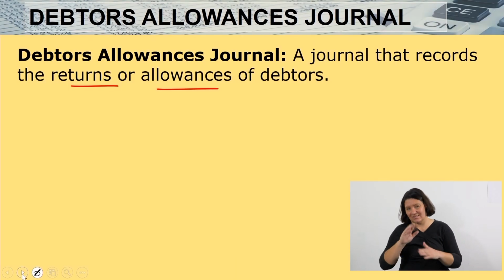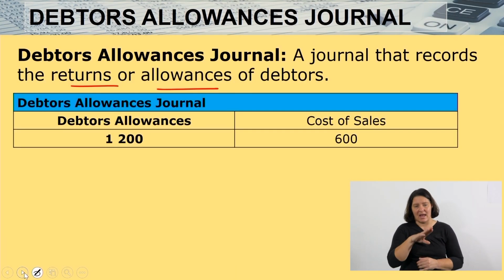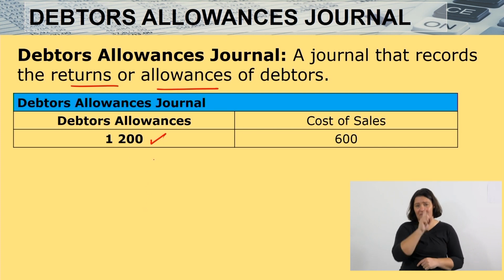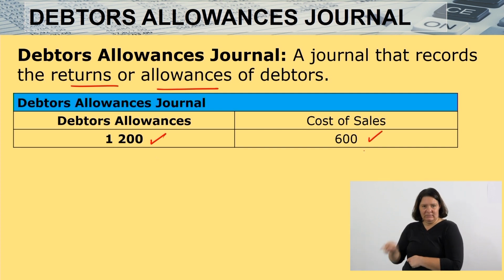Or if we have overcharged them, they can also claim for an allowance. In that case, we record in the debtors allowances journal. Here is my debtors allowances journal. I have my allowances, which is 1,200. I also have cost of sales, which you see here, 600.